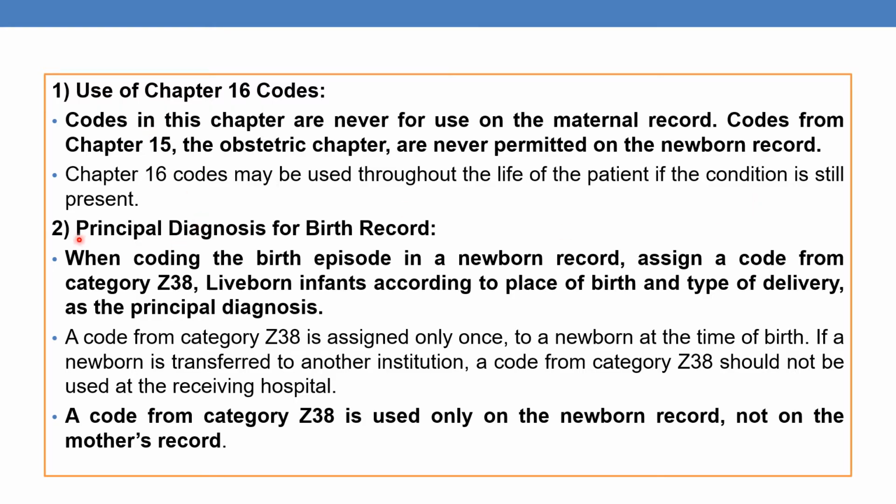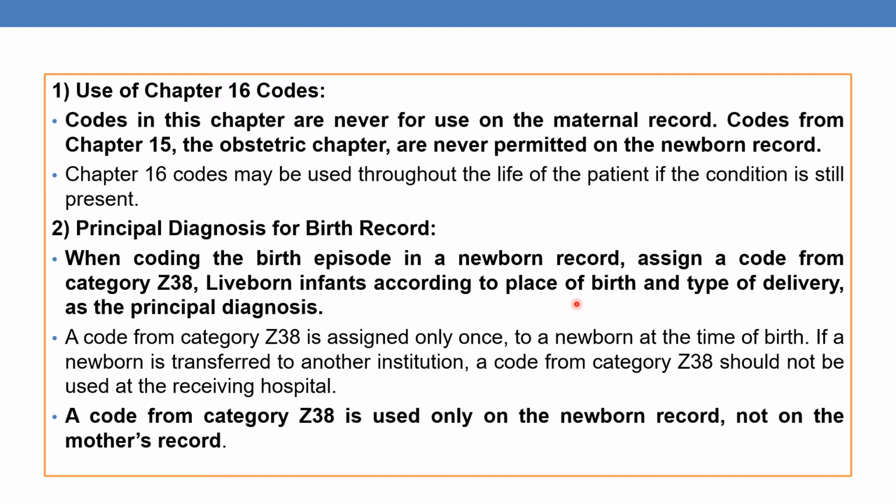Now coming to the next guideline, principal diagnosis for birth record. When coding the birth episode in a newborn record, we need to assign a code from the category Z38, live born infants, according to the place of birth and type of delivery.